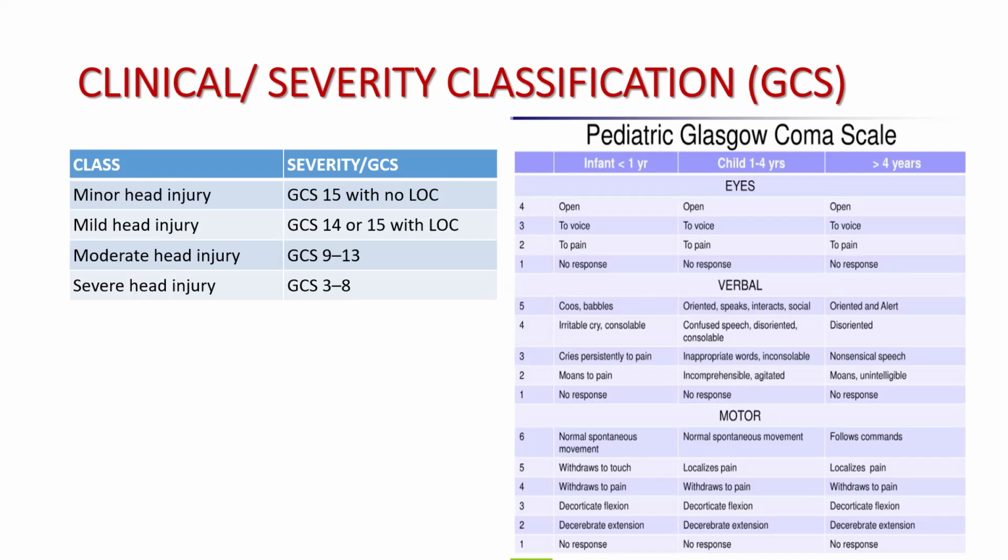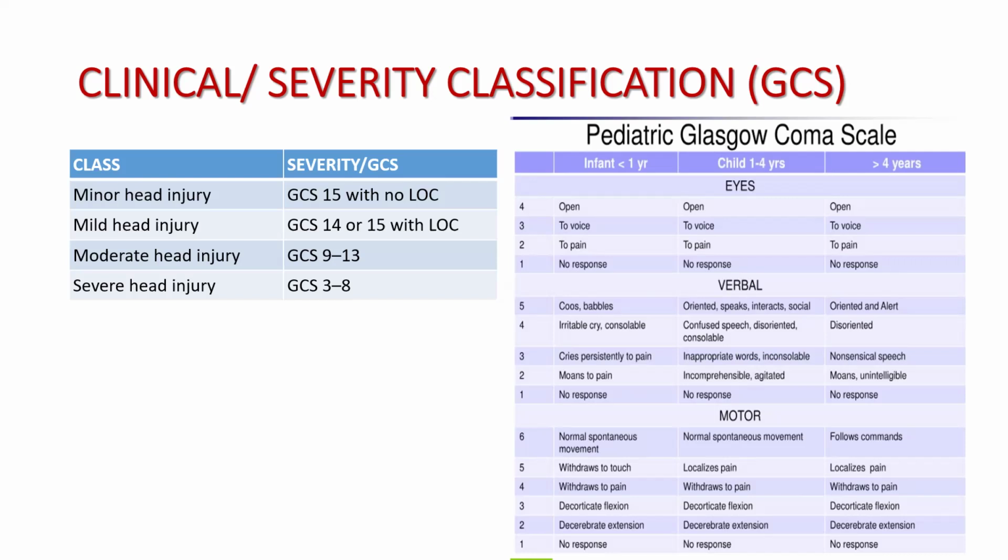So for children who are 1 to 4 years, the parameters for the eyes are the same as those for children below 1 year, and even those who are older. The difference is in the verbal parameters, whereby they get a 6 if they are oriented, they speak, they try to speak to you, they interact, and they are social.